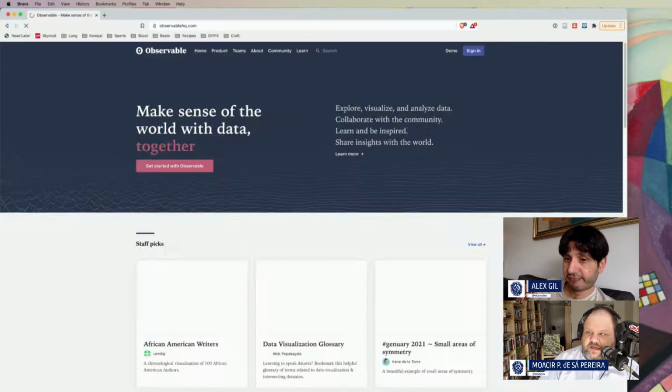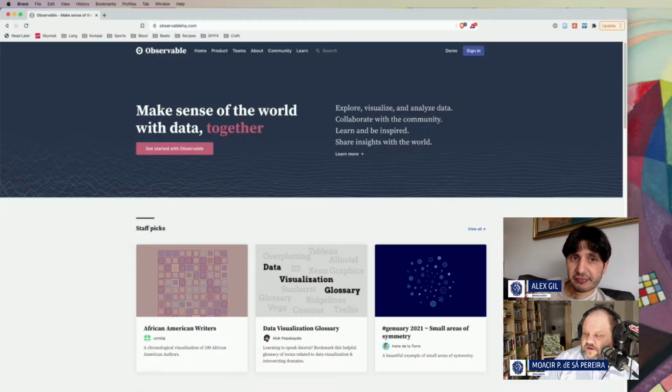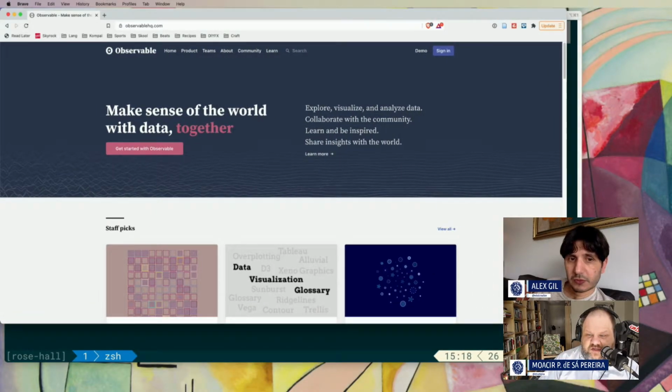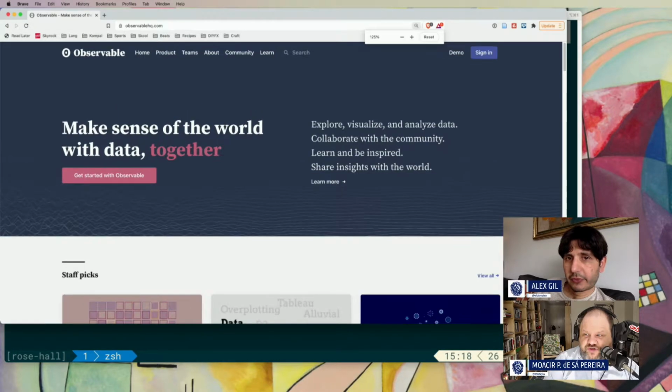The notebook model, I think, owes a lot of its history to Mathematica.